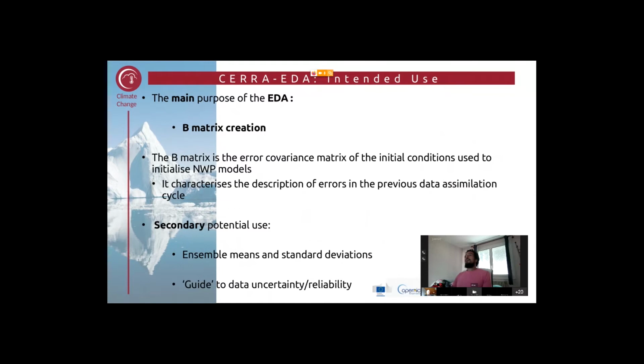Okay, so the main purpose of the EDA as it was created for CERRA was for the B matrix, and all the design considerations went into that. For those of you who are not too clued up on what that is, it is a covariance matrix that describes the errors in your initial conditions, and we need these initial conditions to initialize the NWP models.